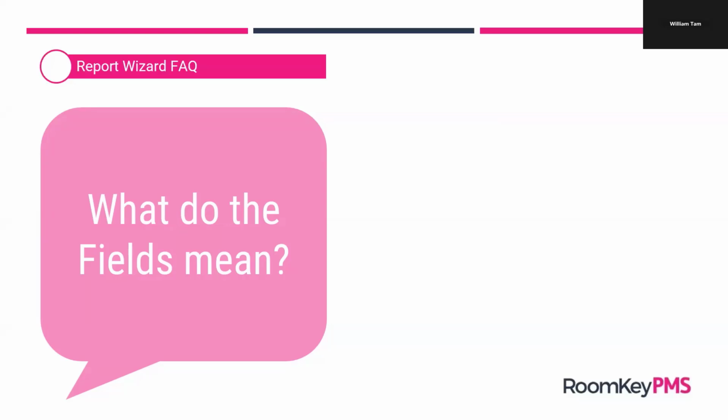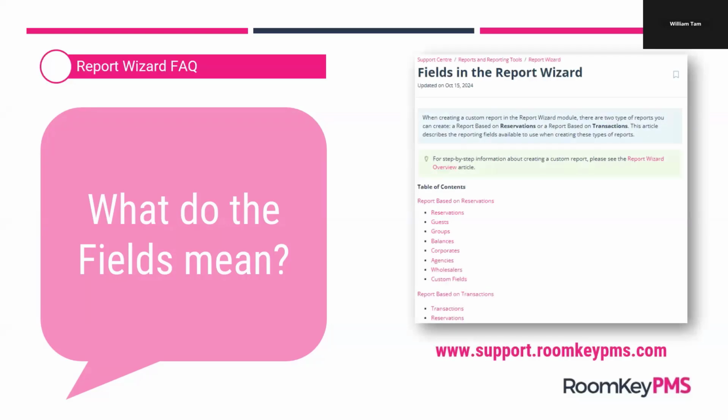And sometimes they are straightforward, for example, transaction code or arrival date, departure date, but sometimes they're not as straightforward. So what I've done is in our support website, I've actually created a brand new support article called Fields in the Report Wizard. And this actually lists off all of the fields that are available in the report wizard, and it gives a definition for each of those fields.